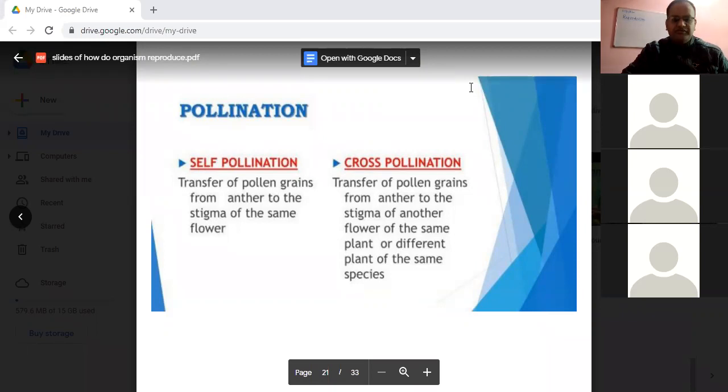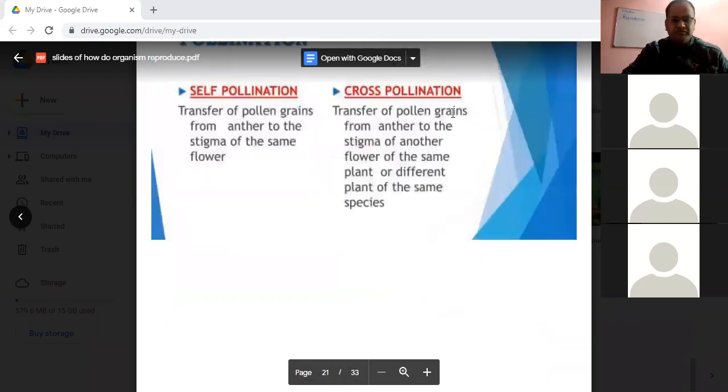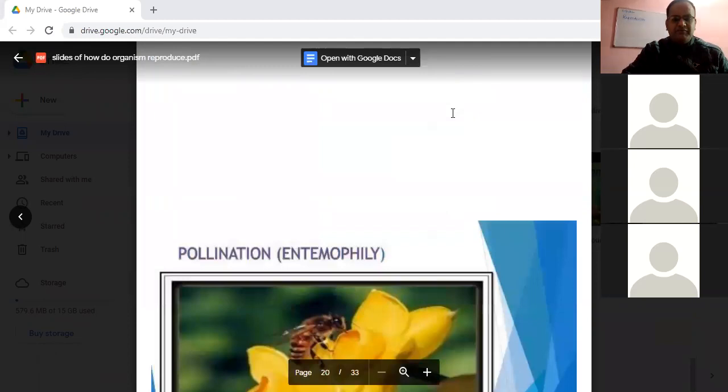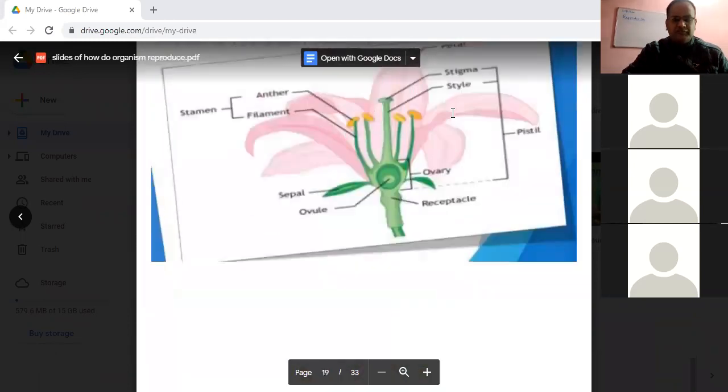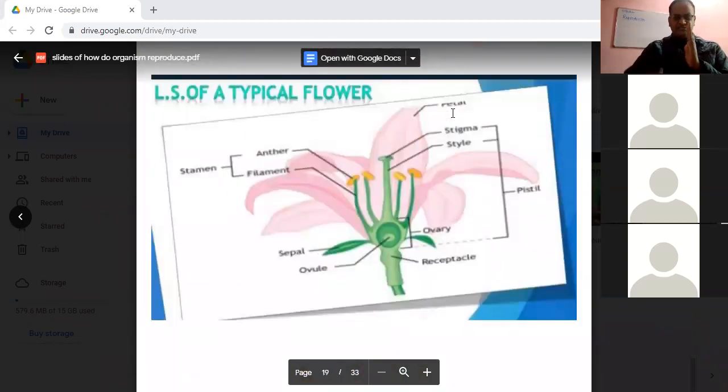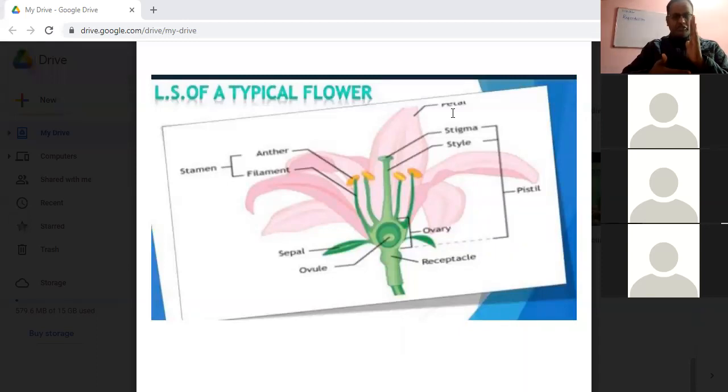LS of the flower. Okay, Shivam, I'm going back once again to LS of the flower. LS of the flower means a longitudinal section of the flower. If we are holding a flower like this and cutting it longitudinally, then it is the LS of the flower. In the LS of the flower, the main concern is the male reproductive part and the female reproductive part.